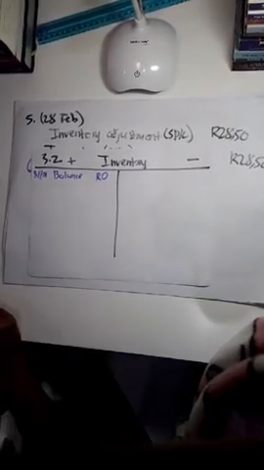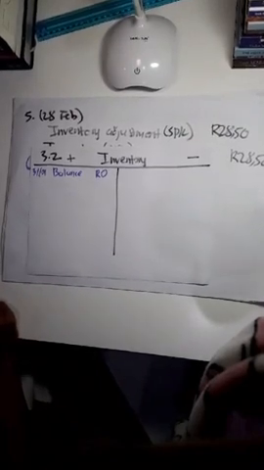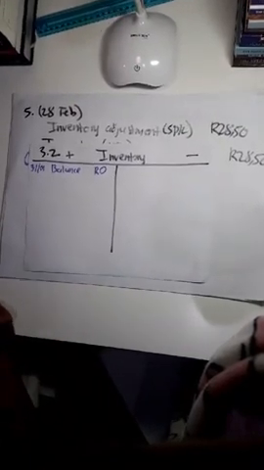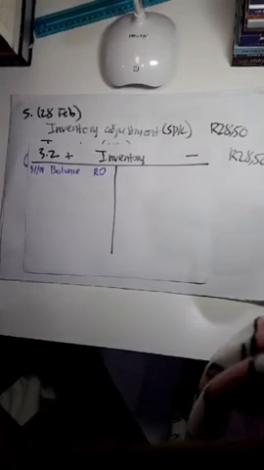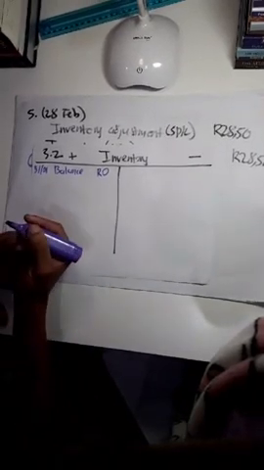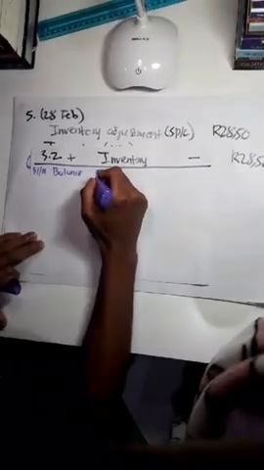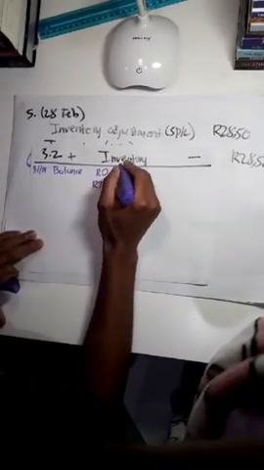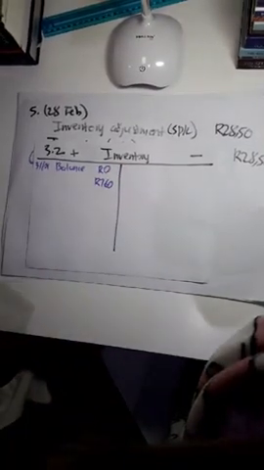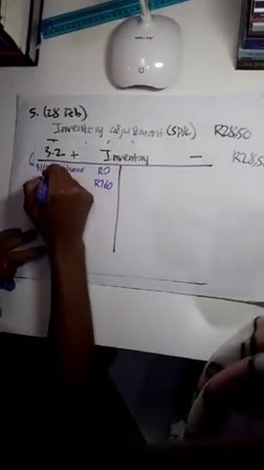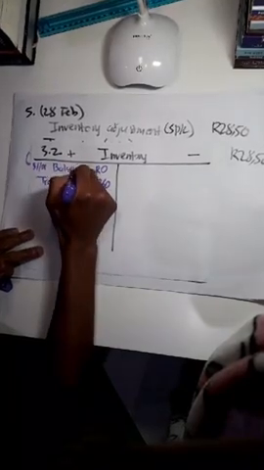So look at your journal. Transaction number 1, we debited inventory with 760. So now on the debit side we need to increase our inventory with 760, because we bought inventory on credit. So trade payable is affected.